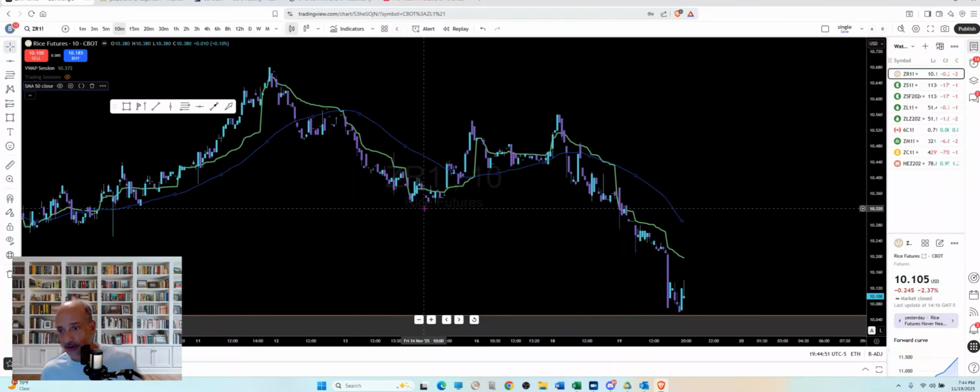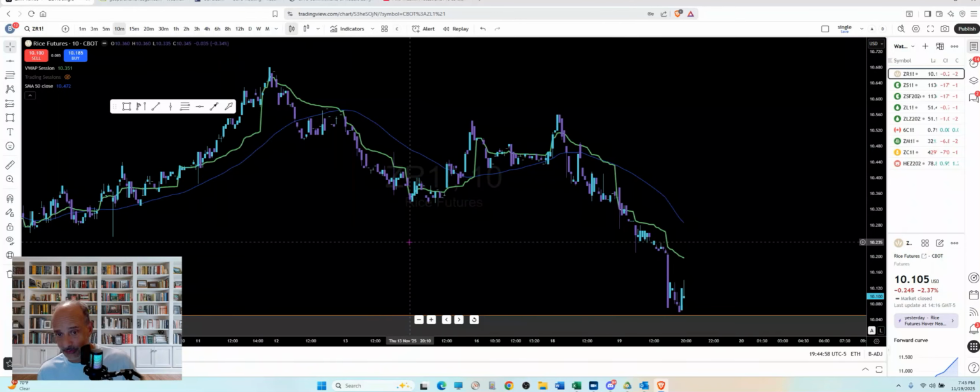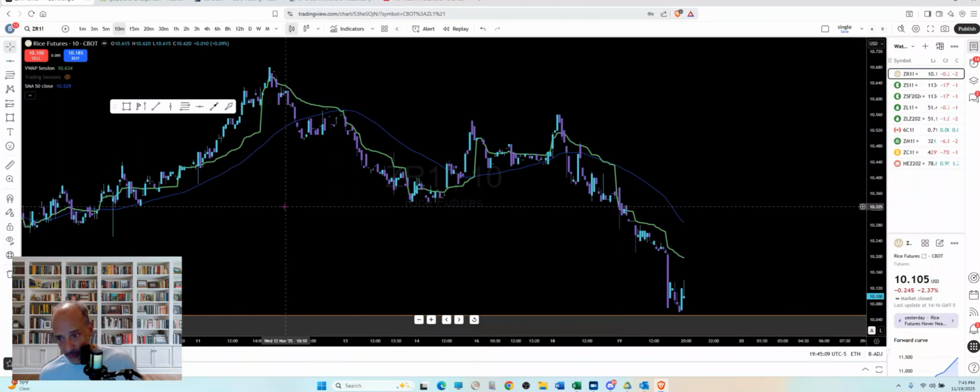Okay, so the basic theory behind this, guys, is pretty simple. You want to look for a market that is showing some trend. Whether you do that on these time frames, 10 or 15 minute, or whether you jump out to a 1 hour or 4 hour and look to see if it looks like it's trending on the higher time frames too.